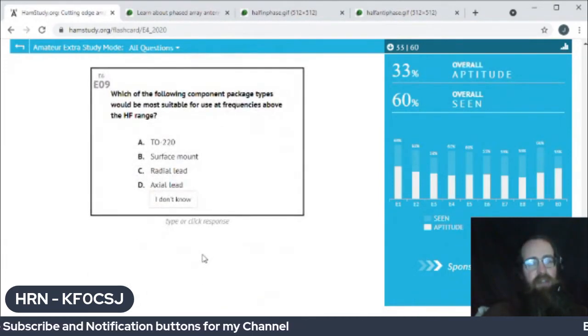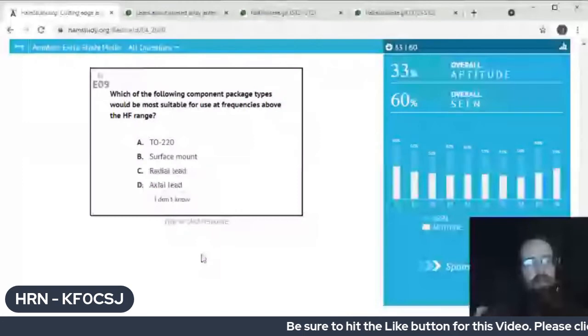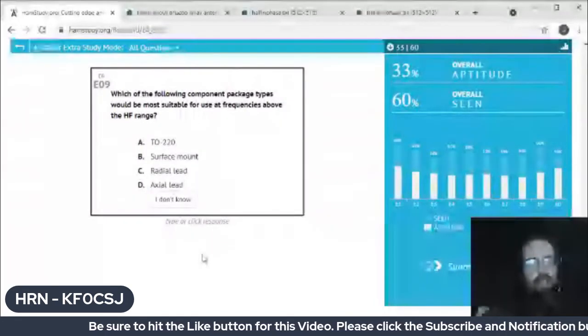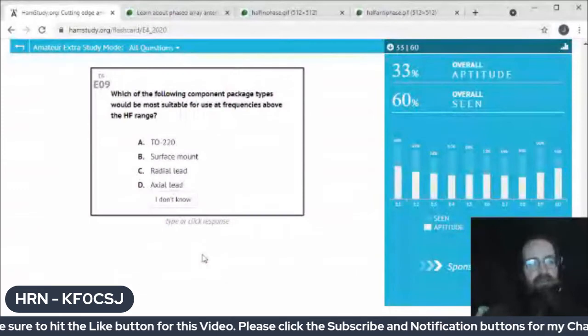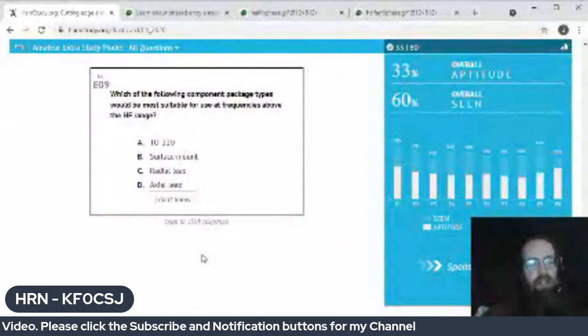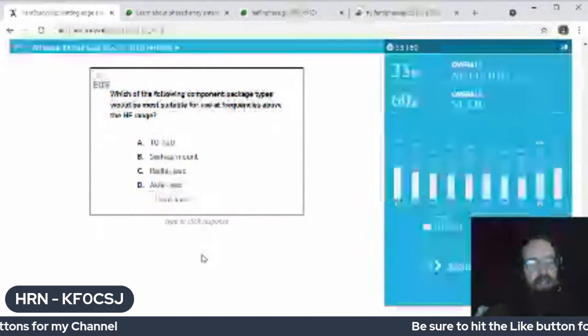Which of the following component package types would be most suitable for use in frequencies above the HF range? A, TO-220, B, surface mount, C, radial lead, D, axial lead.